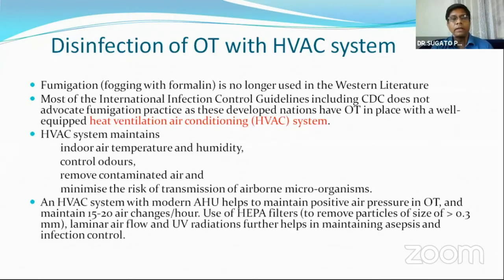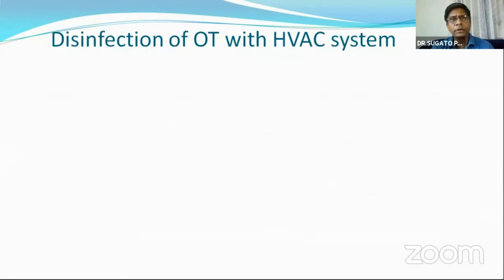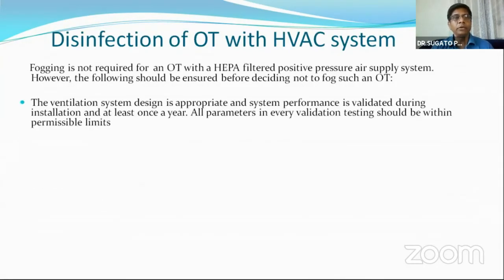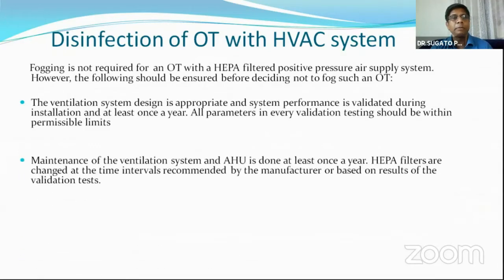It can help in maintaining asepsis and infection control if it is used with an air handling system and additional use of HEPA filters. As I've said, fogging is not required if we are using an HVAC system, but we have to make sure that the ventilation system design is appropriate and the system performance is validated during installation, and at least once a year, and all the parameters in every validation test should be within the permissible limit.